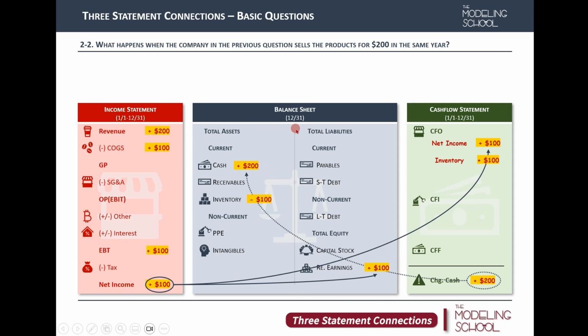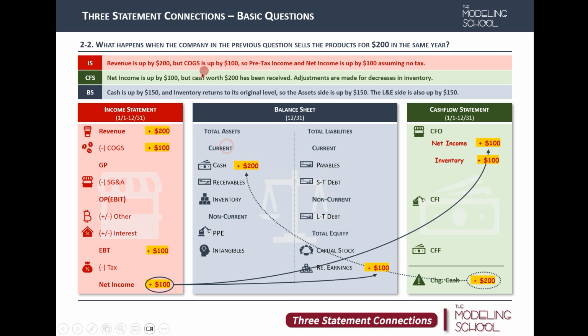So in the end, there has been a $100 increase in total assets and a $100 increase in liabilities and equity. We can see that through these two transactions, the company has grown. The company size, whether you see it from the asset side or the total equity side, has grown $100.